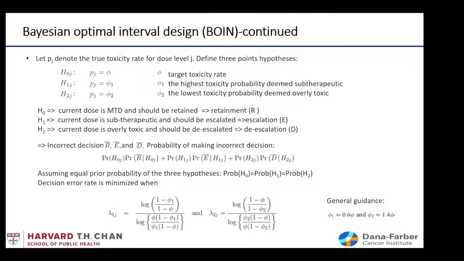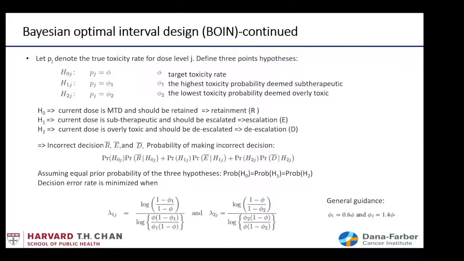D. So the incorrect decisions are R bar, E bar, and D bar. The probability of making an incorrect decision is written here. The idea of this design is, first, to assume the prior probabilities of the 3 hypotheses are the same. This is the prior: for each dose level, we assume the 3 hypotheses have equal probability of being true.